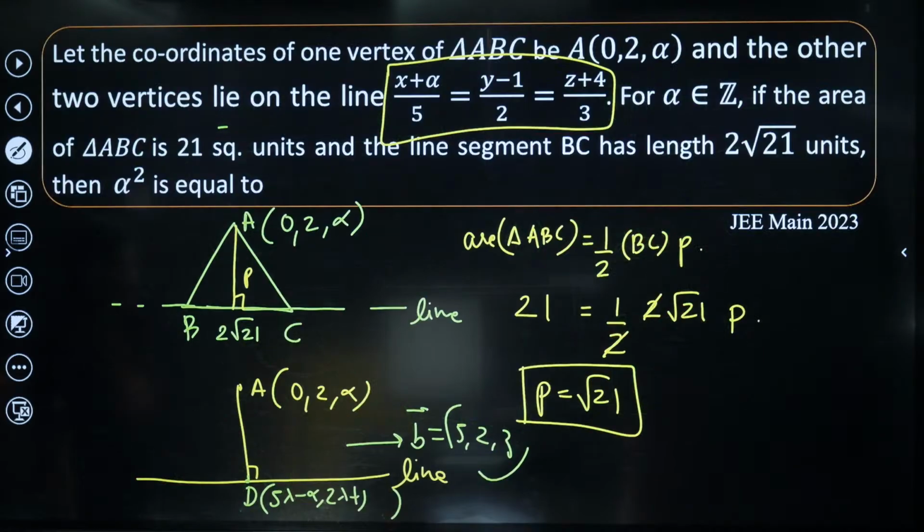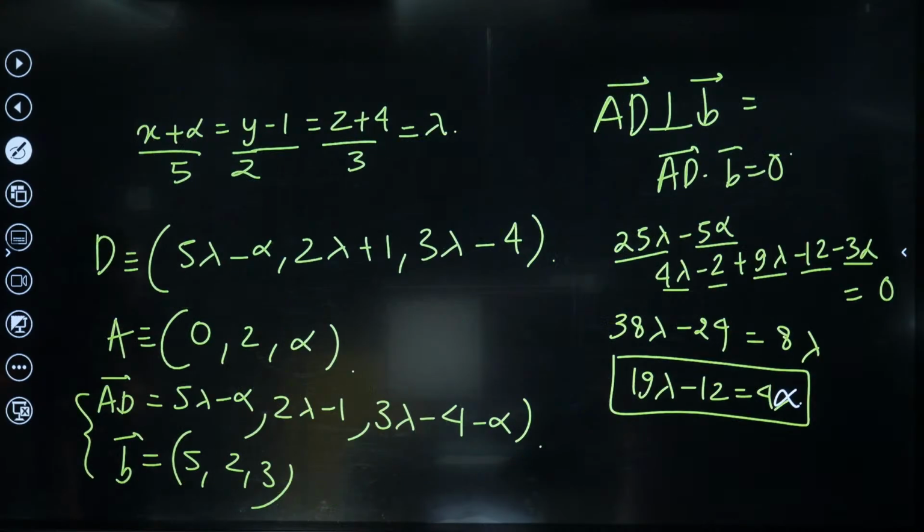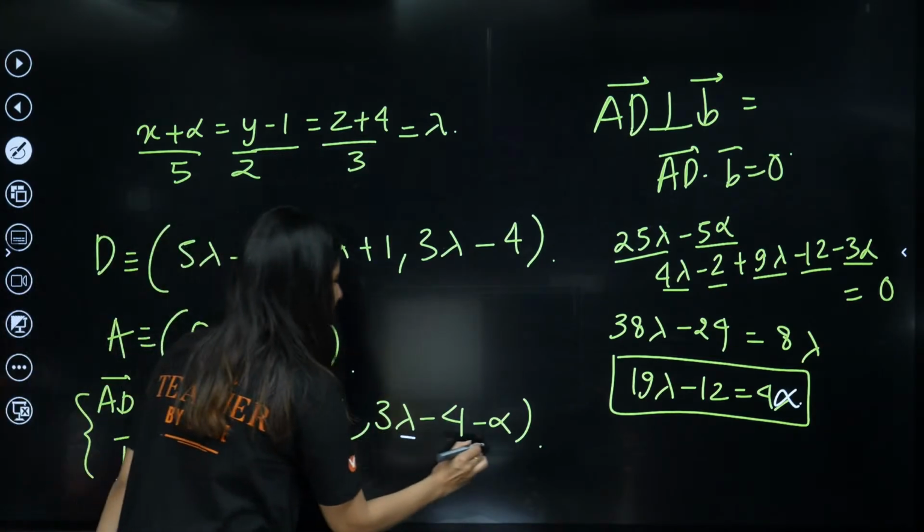Right? One equation in alpha. What we need to figure out is the length of AD. So just plug in the value of lambda over here.